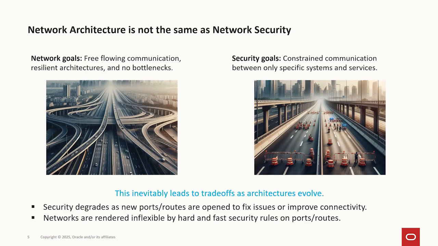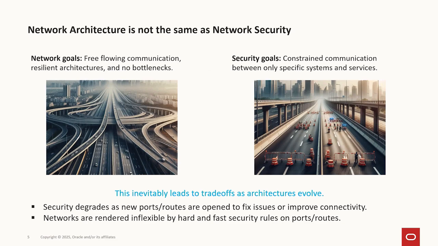Then overlay on top of that goal the security goal, where we're now investigating that certain systems, certain sources and destinations will require specific security requirements. And these requirements will require us to constrain that communication.